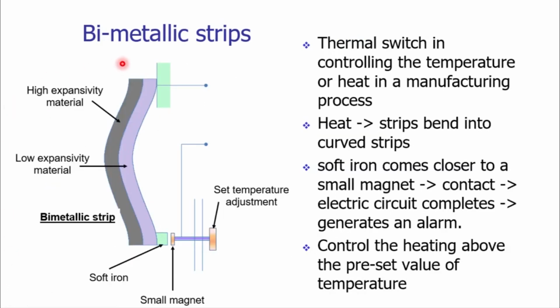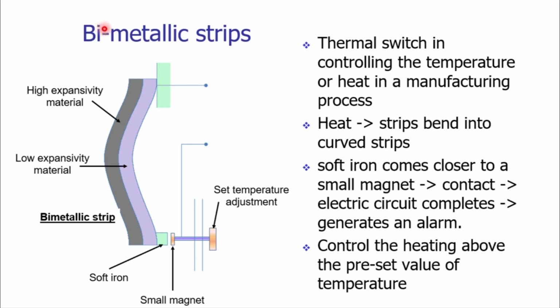Now let us look at the construction and working of some of the important temperature measurement sensors. The first sensor is the bimetallic strip. It works as a thermal switch to control the temperature or the heat in a manufacturing process. Let us consider an example of a furnace. A furnace is used to heat up iron or raw metals, changing their state from solid to liquid.